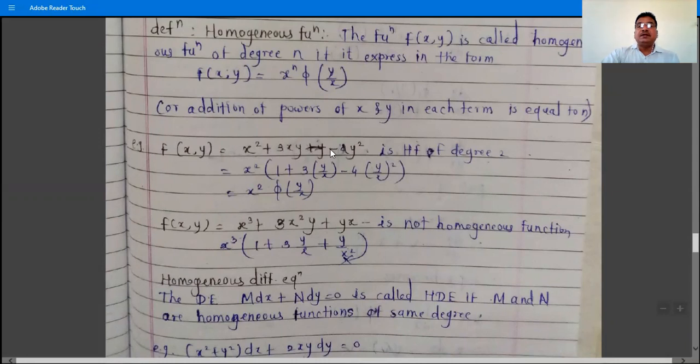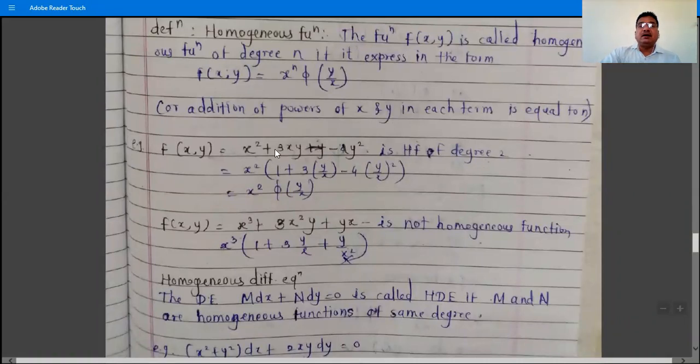And in the last term, minus 4y square, the power of y is 2 and the power of x is 0, and 2 plus 0 is 2. So there are three terms, and in each term the addition of powers of x and y is equal to 2, and therefore it is a homogeneous function of degree 2.